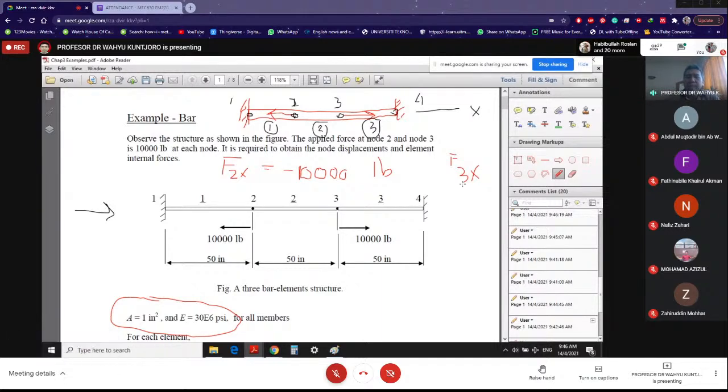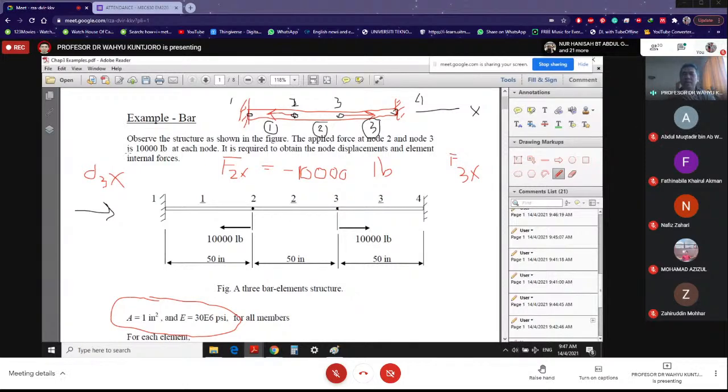What about D3X? Anybody want to answer? What do you know about D3X? Variable, or not equal to 0.